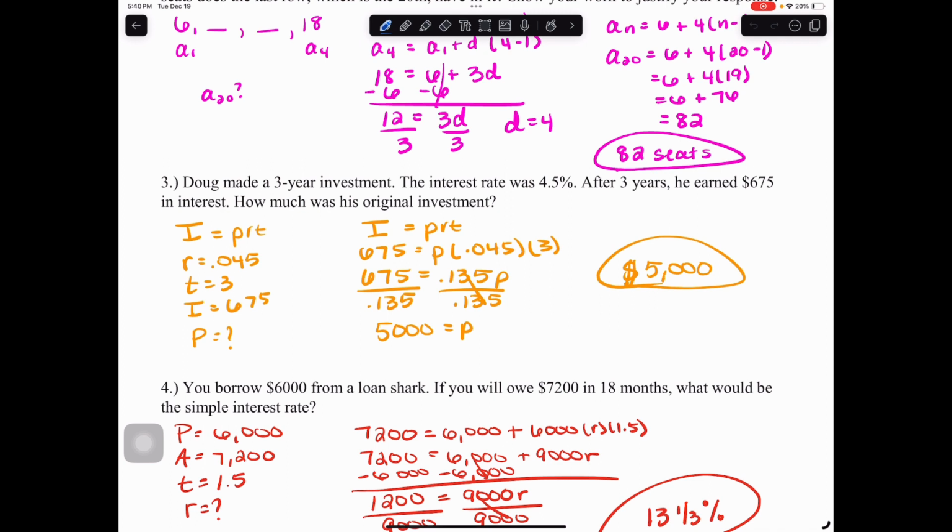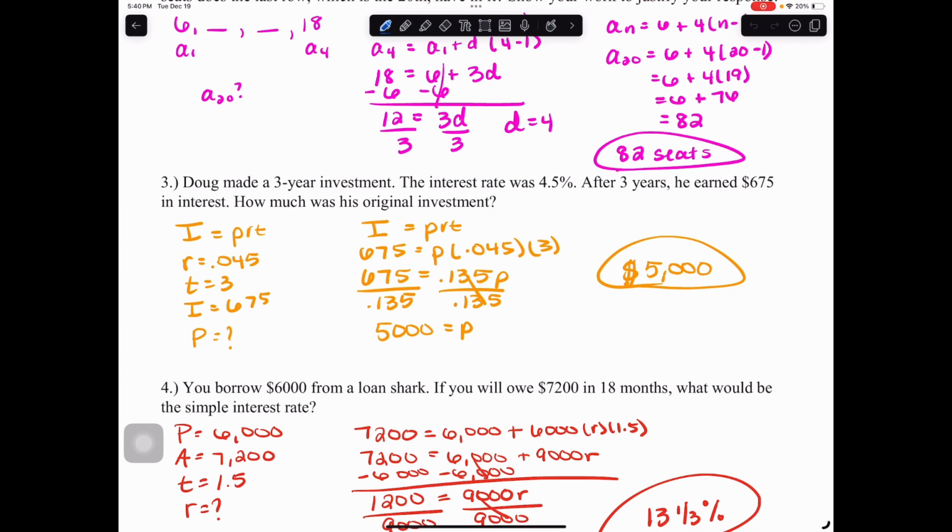So I would put in 675, then P stays P, and for the rate, we should have 0.045. We're changing it to a decimal, and for time, we should have 3. So we'll multiply 0.045 times 3 and get 0.135.